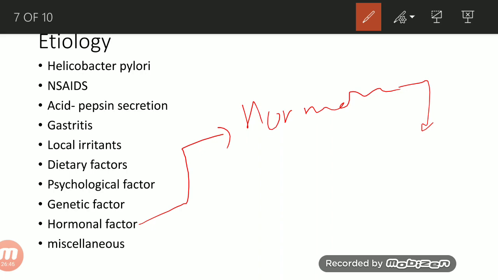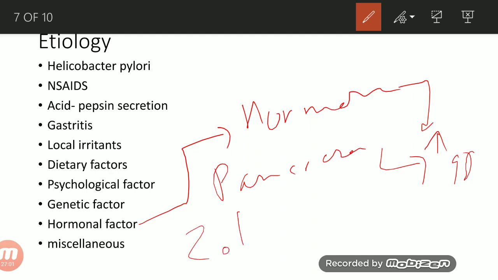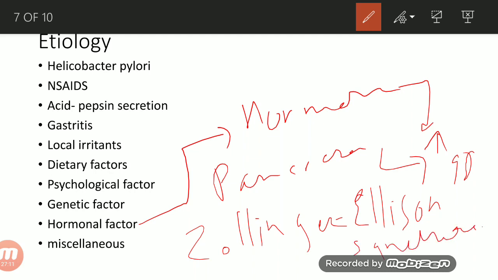Tumors in your pancreas can lead to increased gastric secretion as well. This is generally Zollinger-Ellison syndrome.